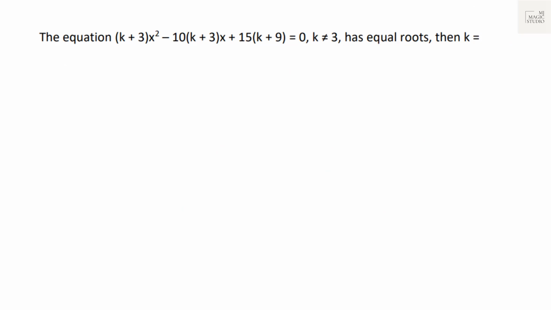Take on quadratic again, give it a try. Again a quadratic equation, ax square minus bx, so this is the value of b which will be in minus, plus c is equals to 0, k is not equals to 3, has equal roots, and we know for alpha equals to beta, b square should be equals to 4ac.